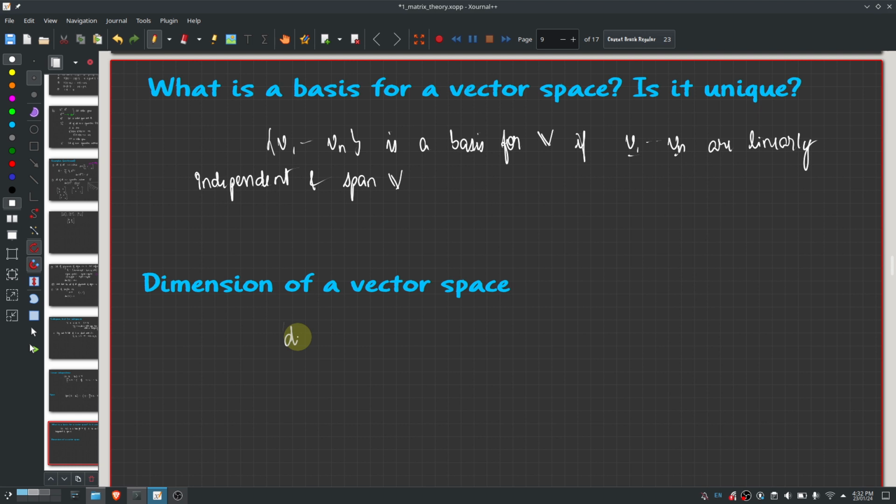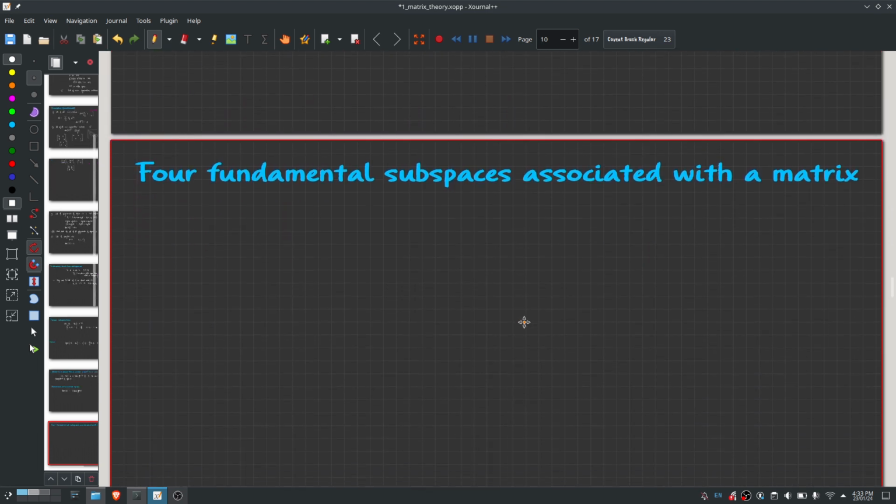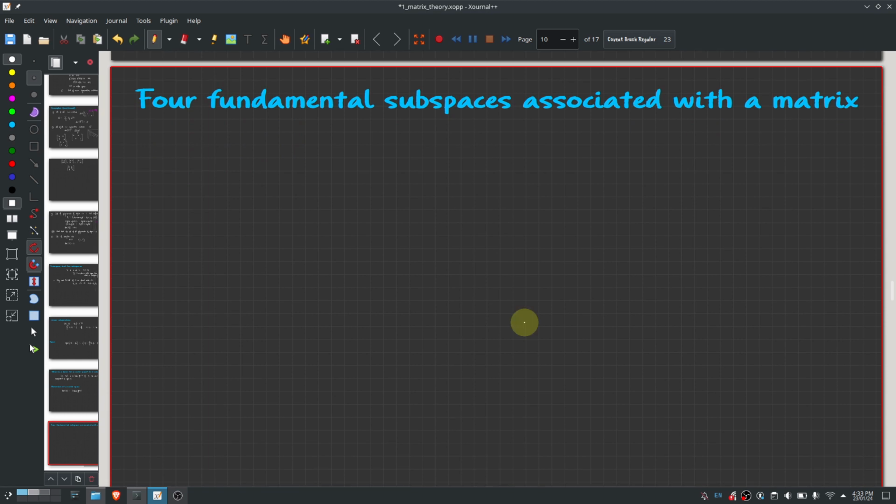So the dimension of a vector space is basically equal to the cardinality of any basis. Right. Okay.